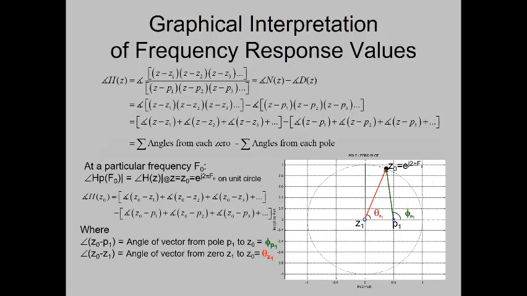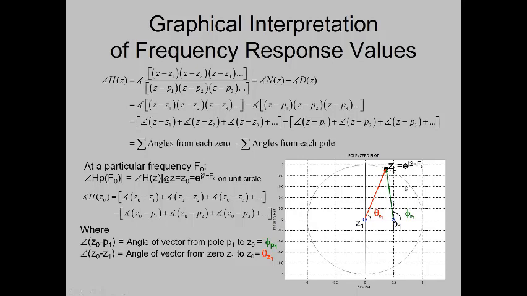So in our one pole, one zero case we have here, to find the angle of H(z) at z0, which is the same as finding the angle of H(f) at f0, I would take this phase angle, theta z1, the zero phase angle, and subtract phi p1, the angle from the pole, and that would be the phase angle of H(z) at z0.